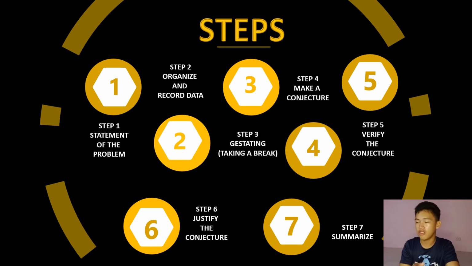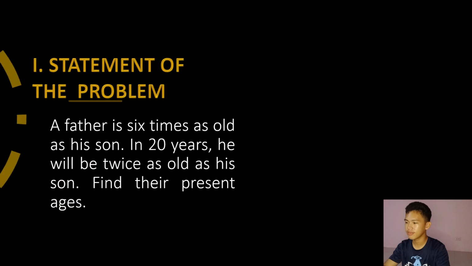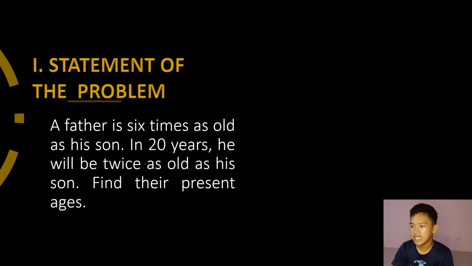So are you ready for our statement of the problem? Our statement of the problem is: a father is 6 times as old as his son. In 20 years, he will be twice as old as his son. Find their present ages.